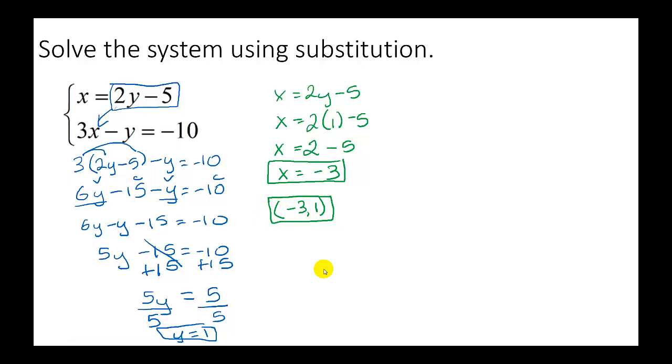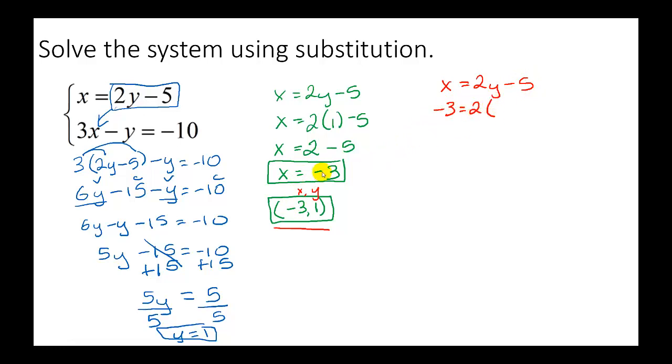We're not done yet, however, because we need to verify our answer. To verify, we're going to take our x, y answer and plug it in to both of the original equations to make sure that they balance, that they work. So, x is equal to 2y minus 5. I'm going to plug negative 3 in place of x.